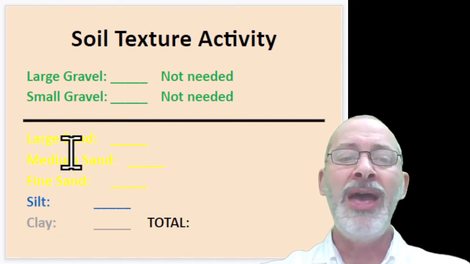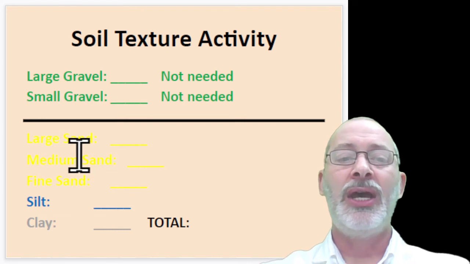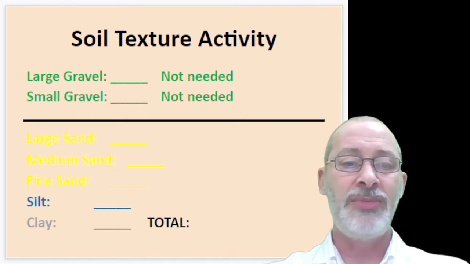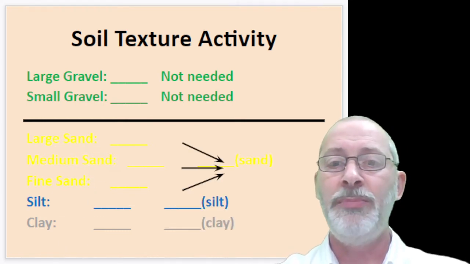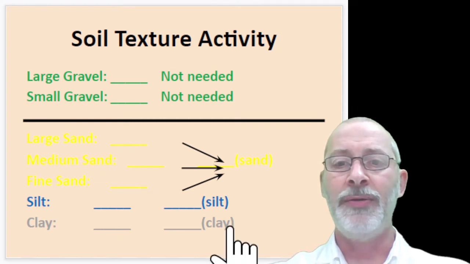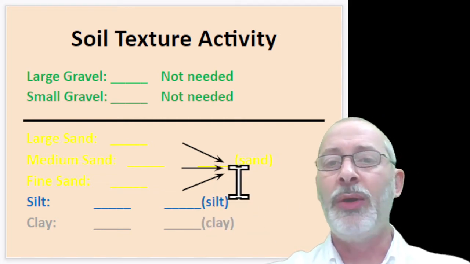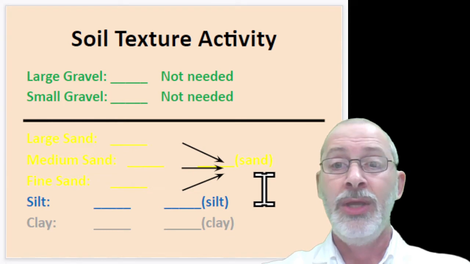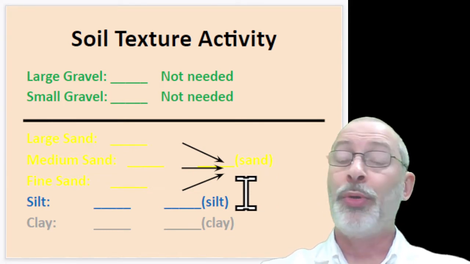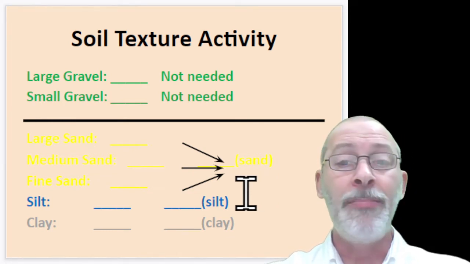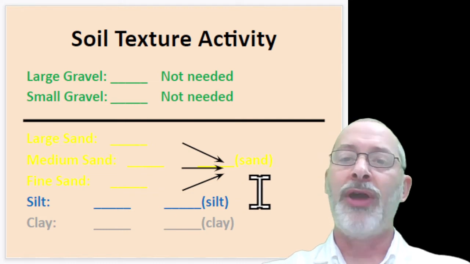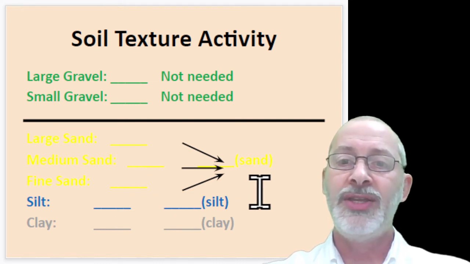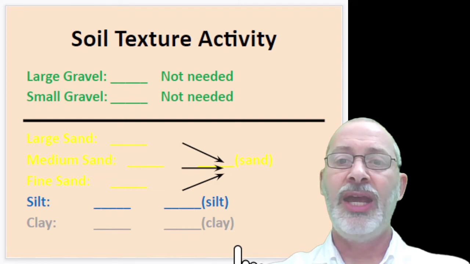And we're going to be measuring the amount of large sand, medium sand, and fine sand, and we'll be combining those together into one category that we call sand. We're going to have a proportion, we're going to have numbers that we're going to collect to represent the proportion of sand, silt, and clay.